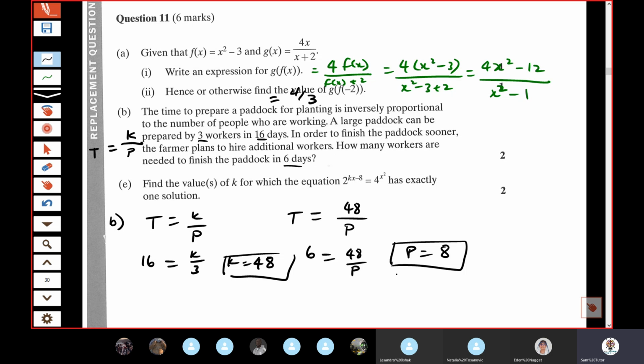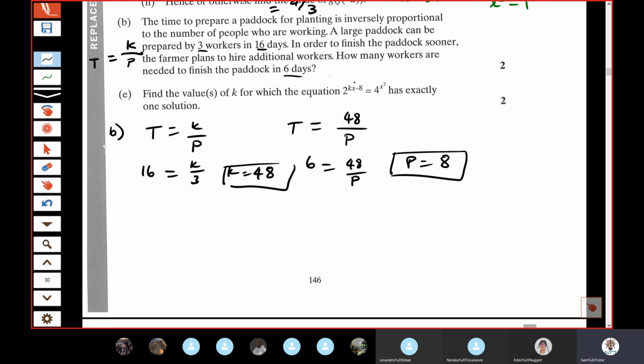What do you mean by that? Common bases. Your bases must be the same. That's the way you do these exponential equations. So 2 to the kx minus 8. 4 is 2 squared, to the power of x squared.